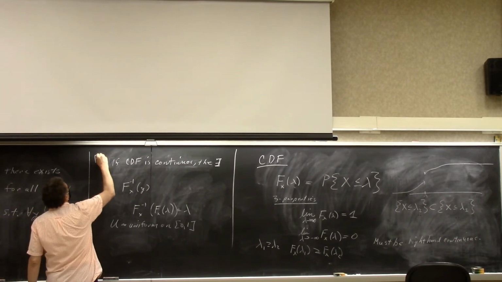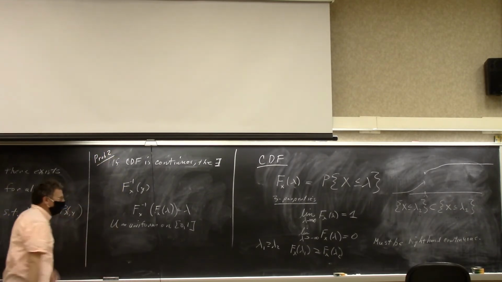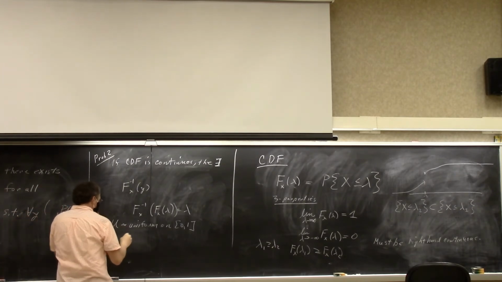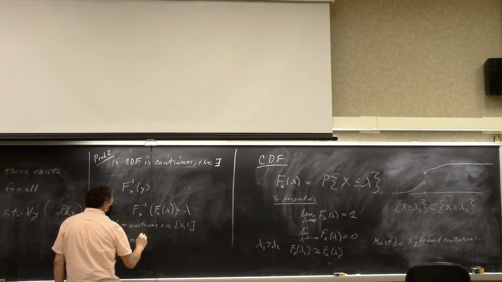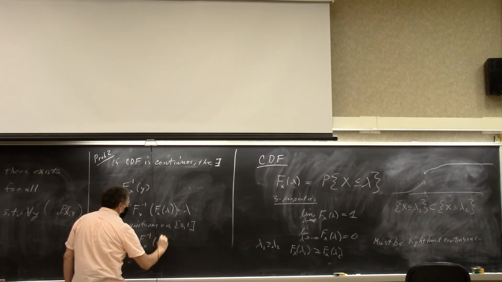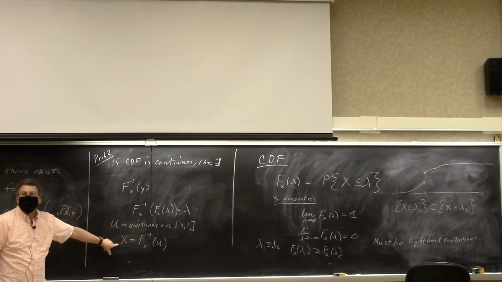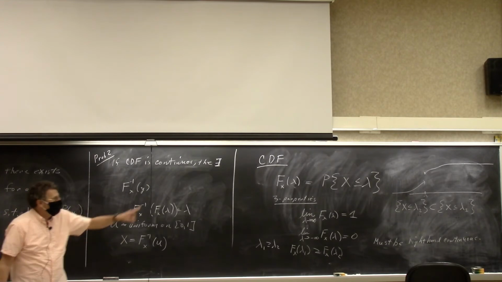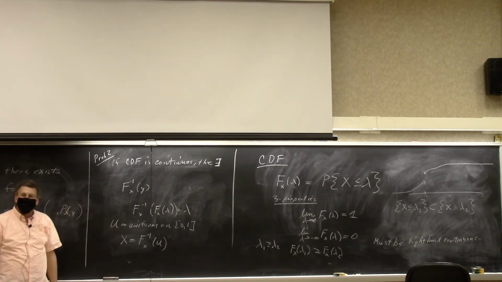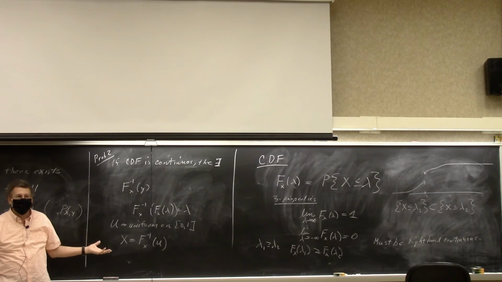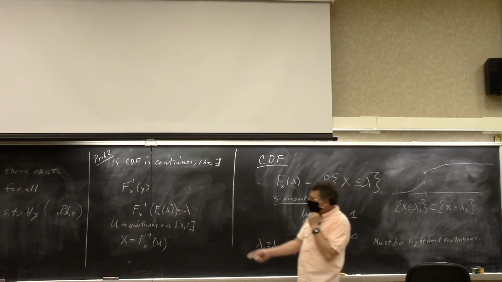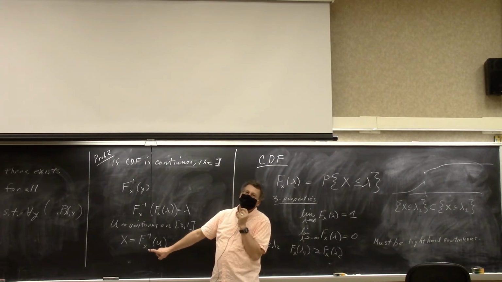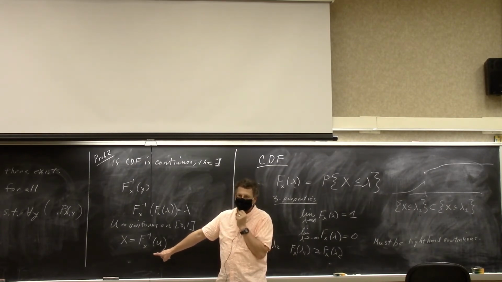Then if we define x, this is a random variable, to be equal to f inverse x of u, it turns out that that random variable has the cumulative distribution f of x. It may look a little abstract, but it's pretty easy to prove, okay? It's tricky to prove when you have discontinuities, but if you don't have a discontinuity. And this is a practical thing, because in a computer, this tells you how you generate random variables with a specified distribution.